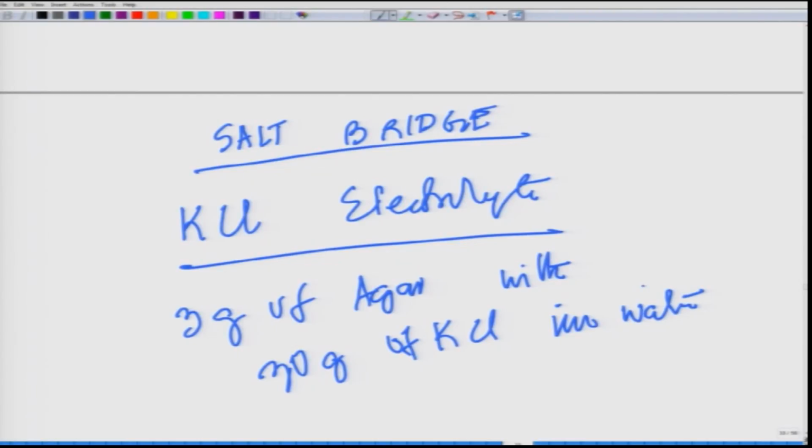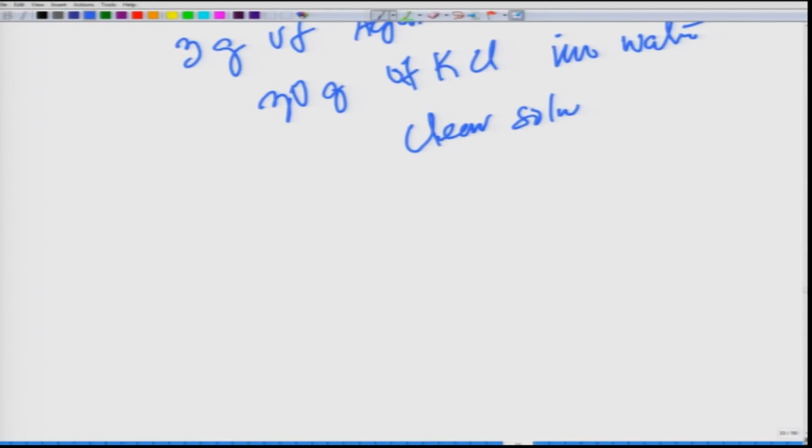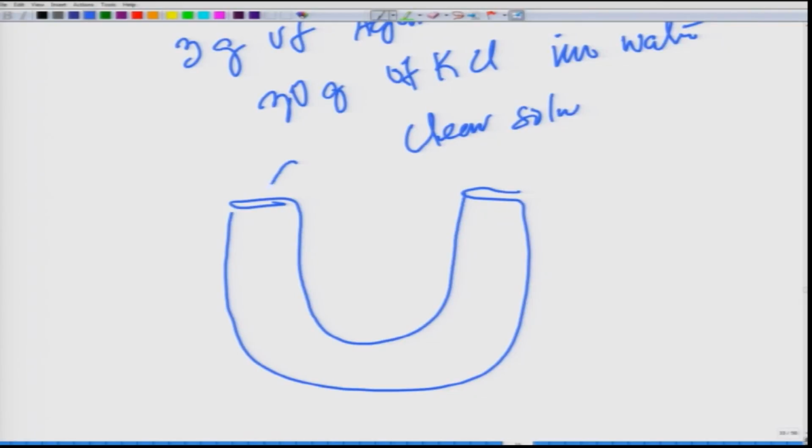You can prepare this till you obtain a clear solution, and the solution is poured into a U tube to allow it to gel. So, you pour this solution into the U tube till it becomes a gel. This is how you prepare these kinds of salt bridges that we talked about.